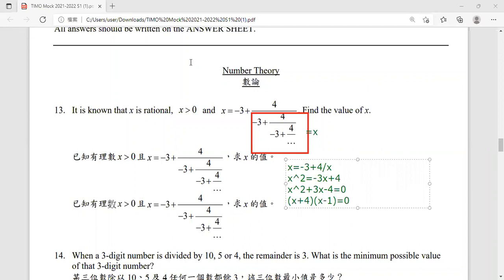And because x is rational, it doesn't mean that x is not negative, but because x is greater than 0, x is equal to -4 or x equal to 1. Now, because I know that x is greater than 0, I have to reject this one. Rejected.